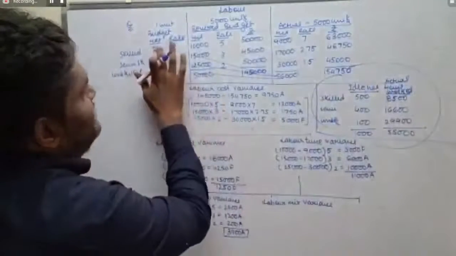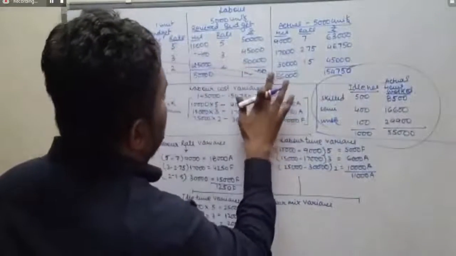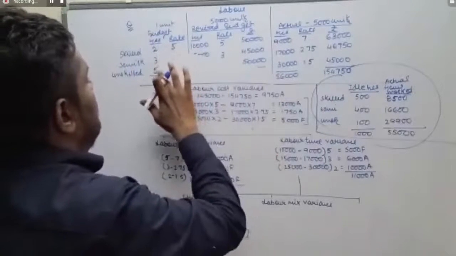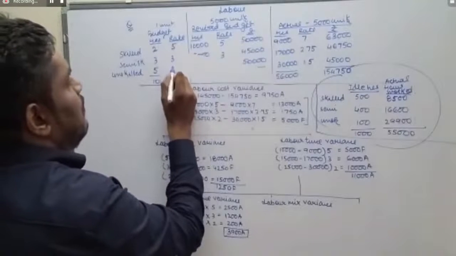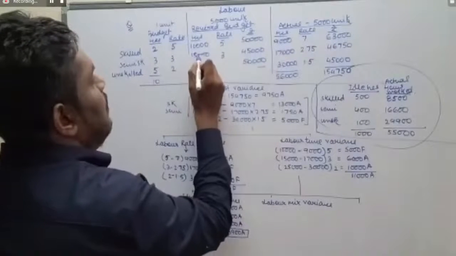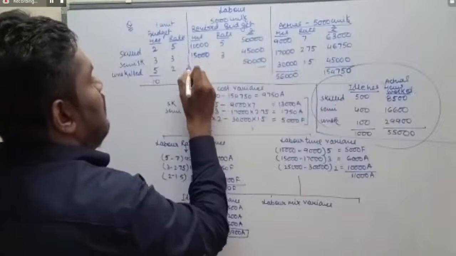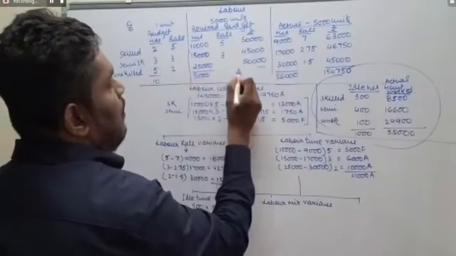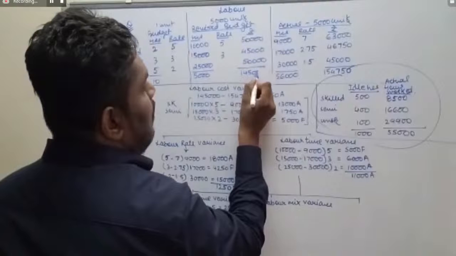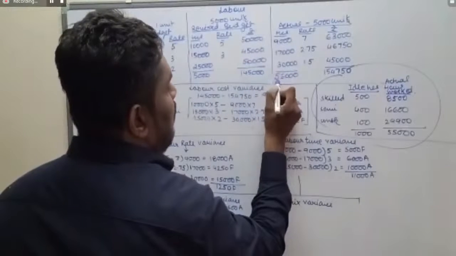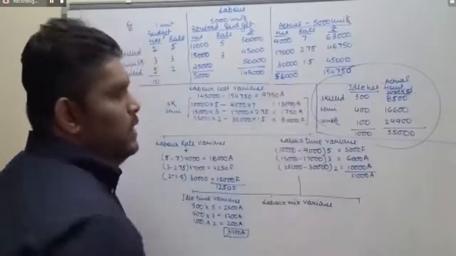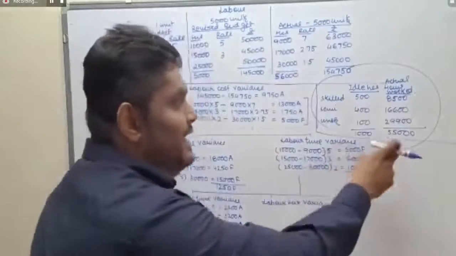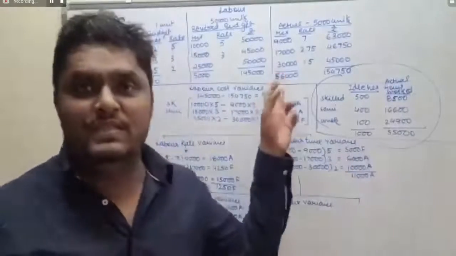So as far as labor mix variance is concerned, the mix variance should be calculated as per 55,000 hours rather than 56,000 hours.